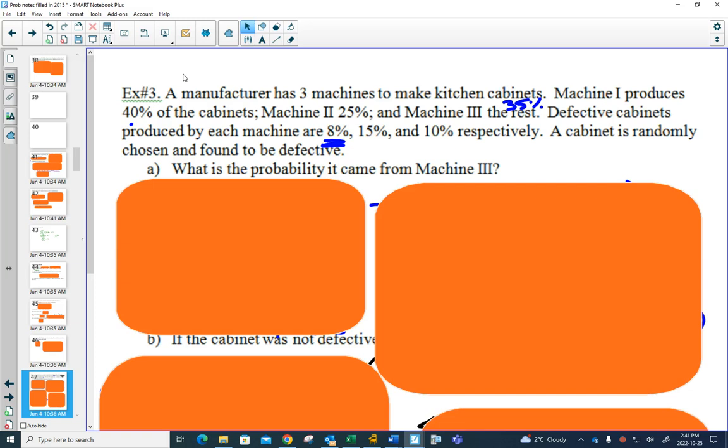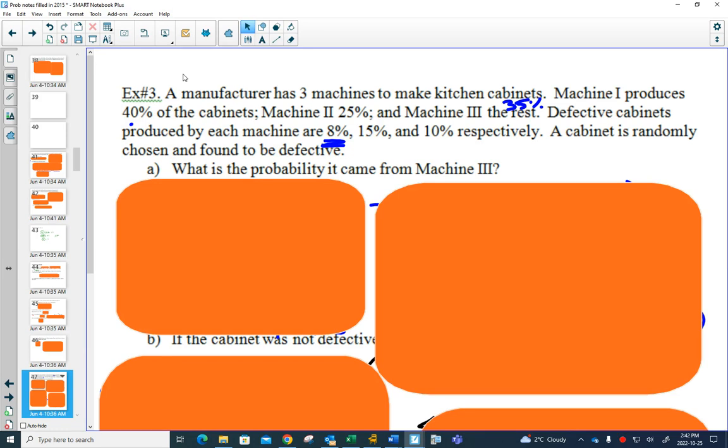So you randomly pull a cabinet out, open it up, you don't know where it came from, but you find out it's broken. And you can figure out what are the chances it came from machine 3. And it's not just an easy, it's not 33% chance each.